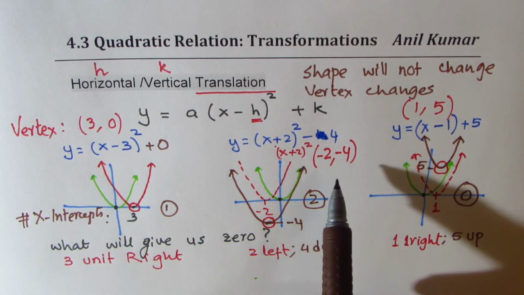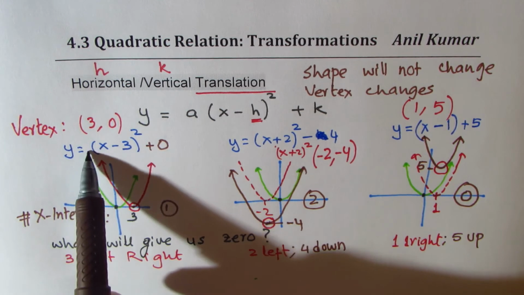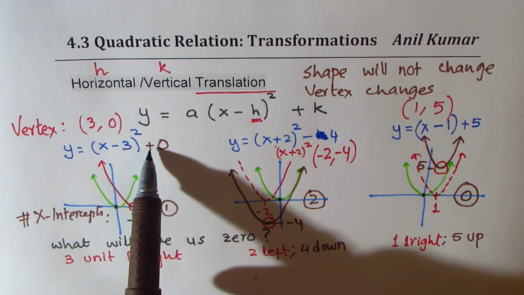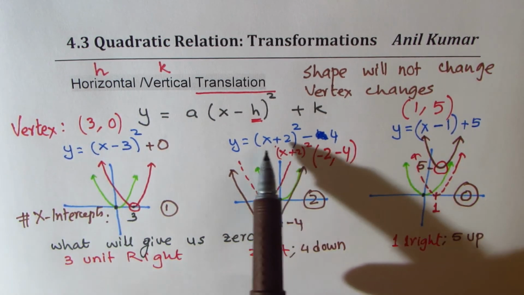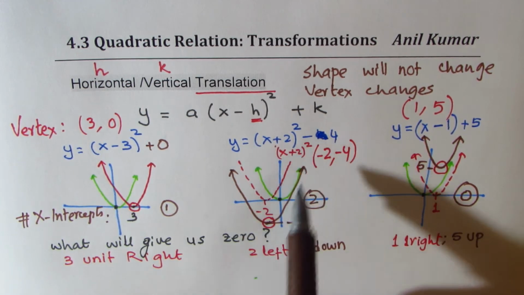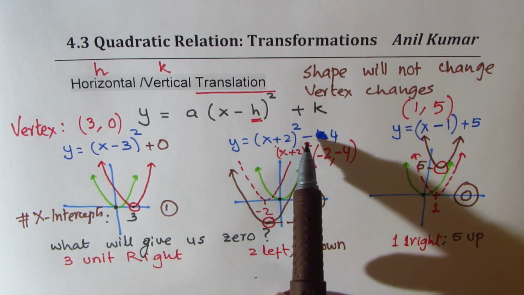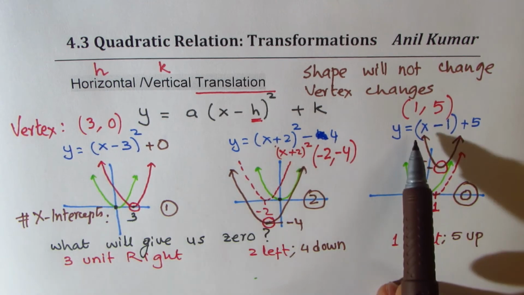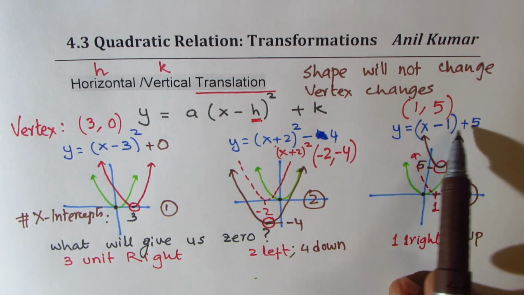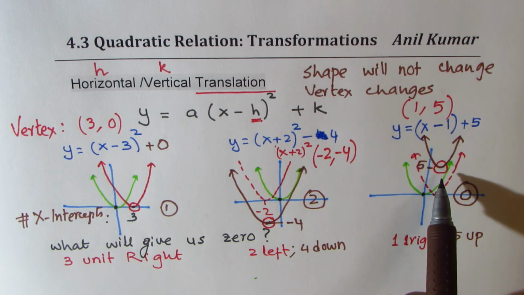What you notice is that if the signs are different, let's begin with this, then we have 2. But if these signs are the same for both, then we have none.